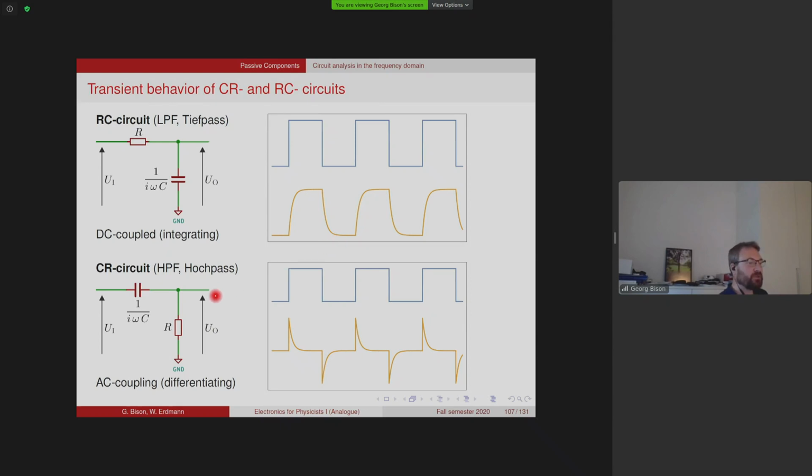An AC coupled circuit, if you have such fast signal components here, they go through and then they decay quickly to 0 again. And if you would stay at this high value for a long time, this signal would stay at 0 for a long time. So if the signal does not change, there is 0 output on the CR circuit. So AC coupling is kind of differentiating: when you have a fast change in the component, then you get an output.